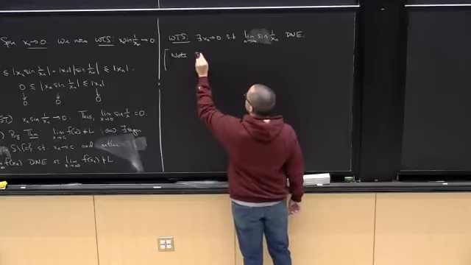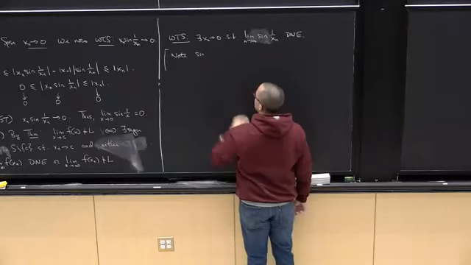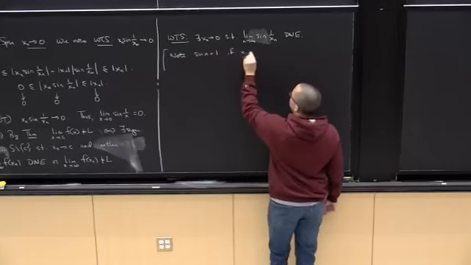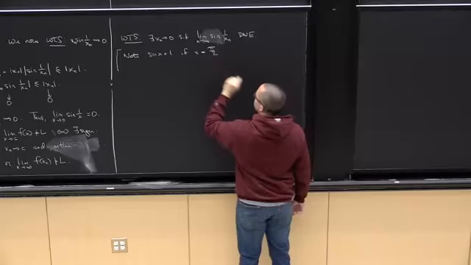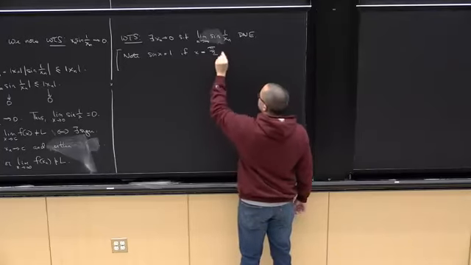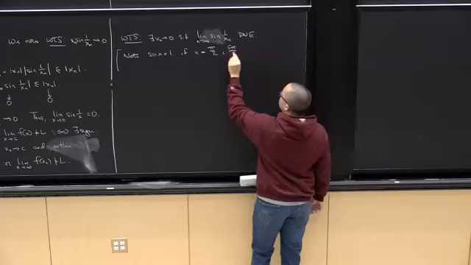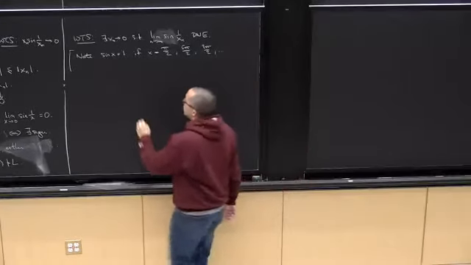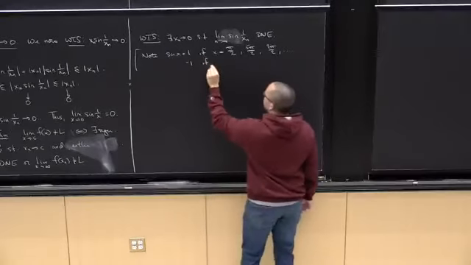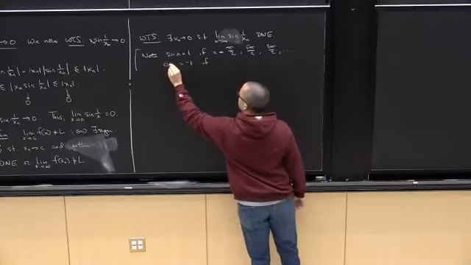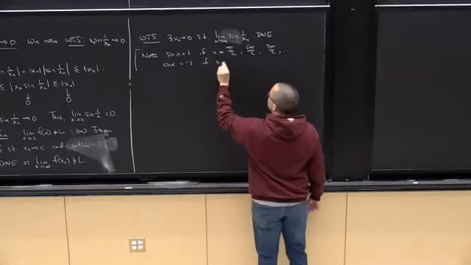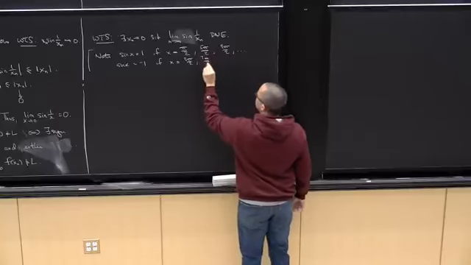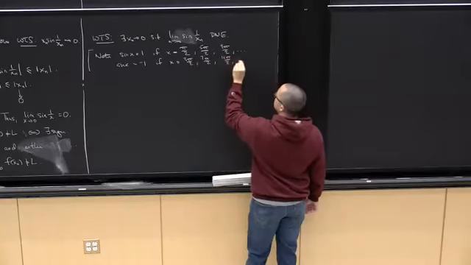Note that sine of x equals 1 if x equals pi over 2, 5 pi over 2, 9 pi over 2, and so on, and minus 1 if x equals 3 pi over 2, 7 pi over 2, 11 pi over 2, and so on.